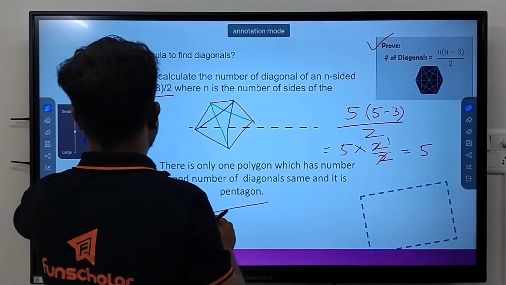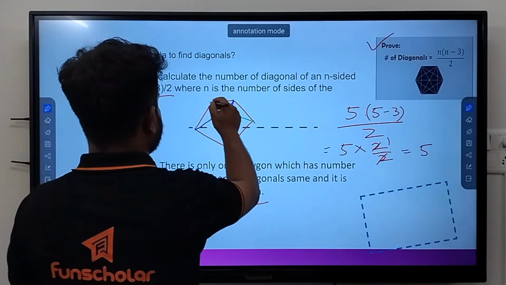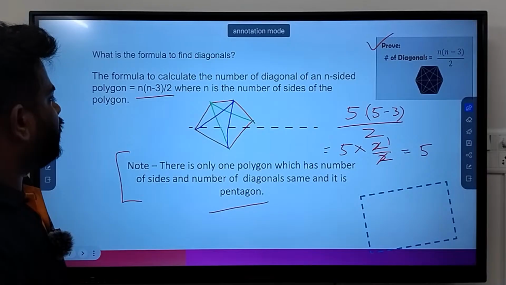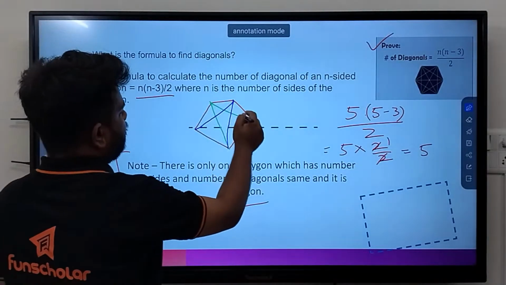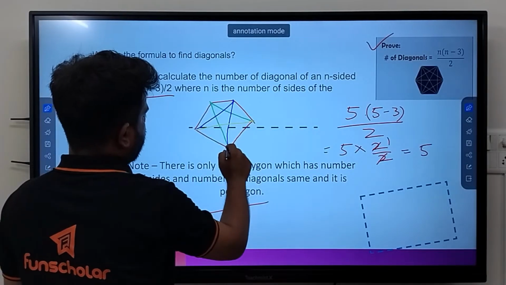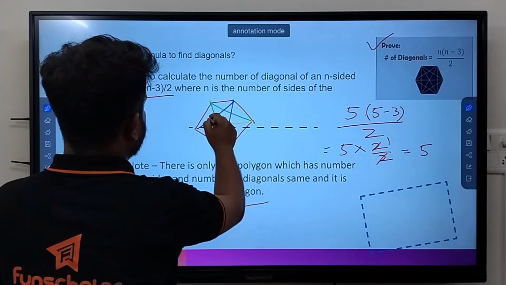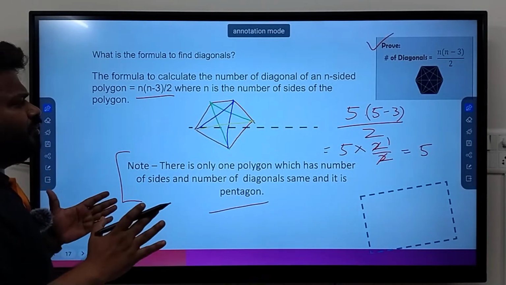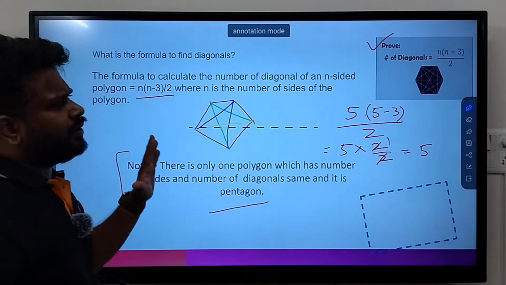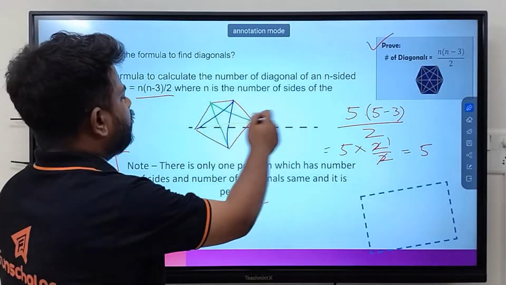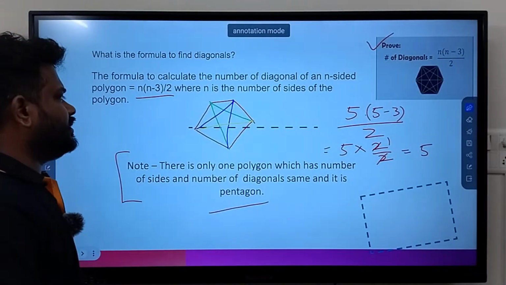Okay, and if you start from here, these 2 points are done, and yes, okay, so 1 2 3 4. You can simply draw this at home, or if I have time, I can also draw this. So there will be 5 diagonals.